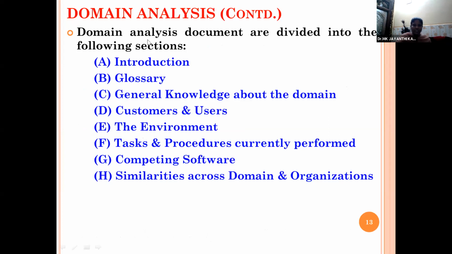It should contain the following elements: the introduction about the domain, glossary of terms used in the particular domain, general knowledge about the domain, customers and users of the particular domain, the environment where the domain is working, the task procedures currently performed in the domain, competing softwares which can be used in the domain, and similarities across domains and organizations. So these are the things we should prepare after the domain analysis is performed.